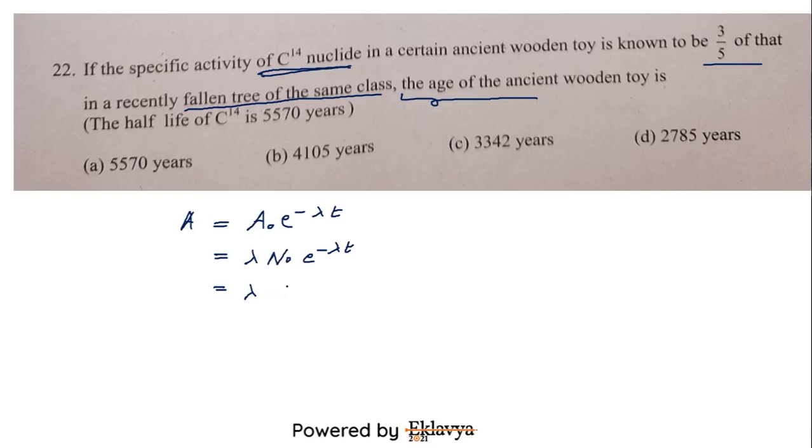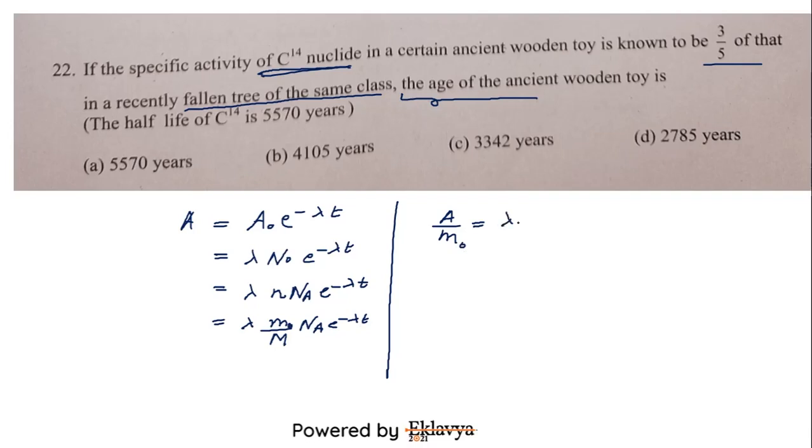So we can also find it as number of moles that we had initially into Na, and number of moles can be written as mass upon molar mass. Why am I doing all these things? So that we can talk about specific activity. Specific activity is activity upon mass, that's specific activity upon initial mass actually. So this is initial mass. So this will become lambda Na by m into e raised to power minus lambda t.